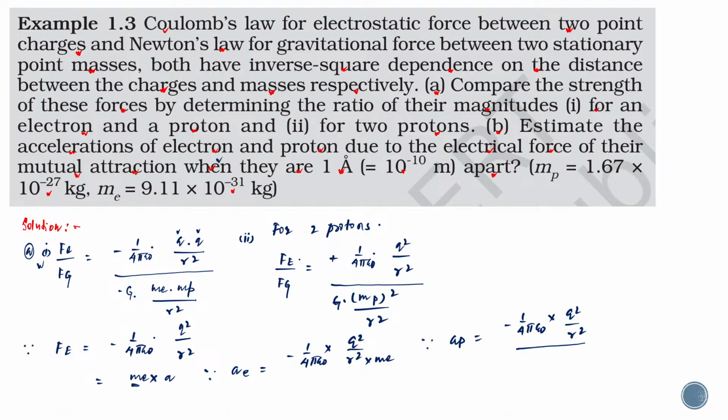So we write down here into 1 by mass of proton. After that, there is no problem to understand the solution as well as the explanation of the solution of this question. After putting the values of q, r and me and mp, we get the answer of these questions in figure or numerical form.